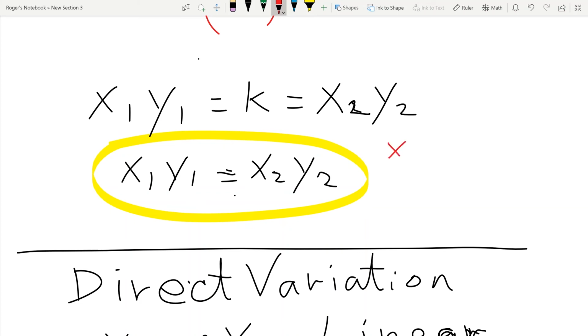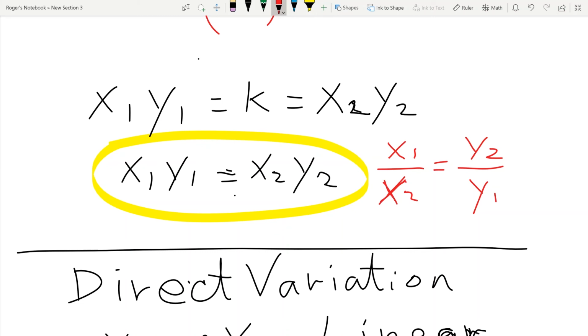We could say that x1 divided by x2 is equal to y2 over y1, dividing both sides by y1. Notice how we did this. We divided both sides by y1, we divided both sides by x2, and we got this relationship right here. So this is another way you could say x1 is to x2 as y2 is to y1. Notice they're flipped.